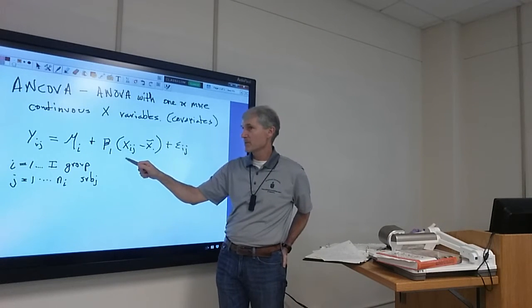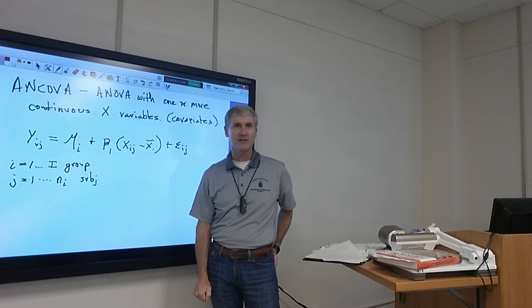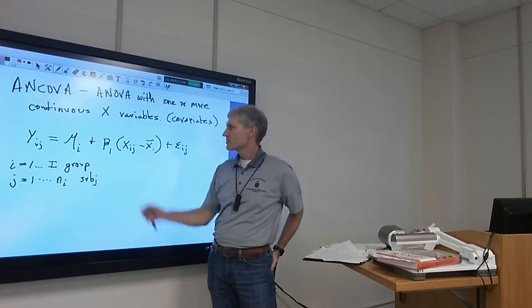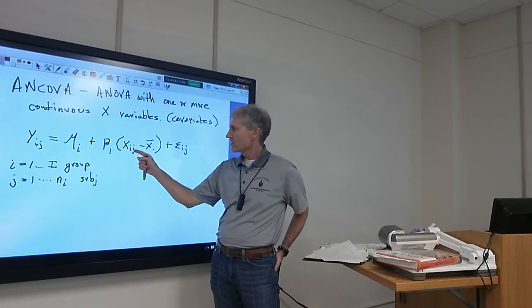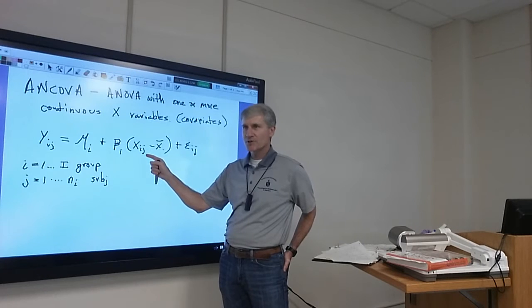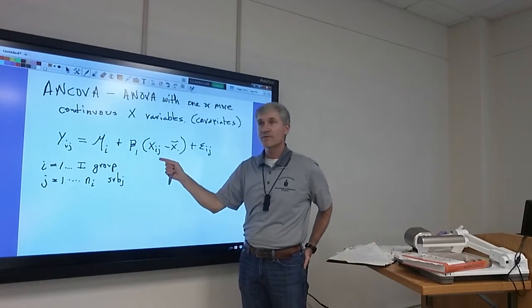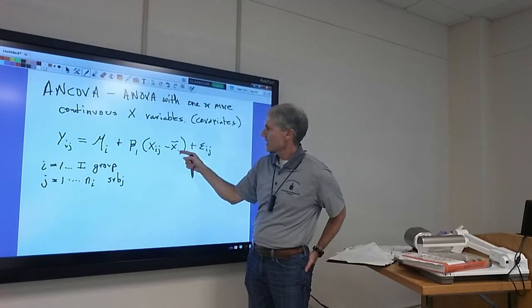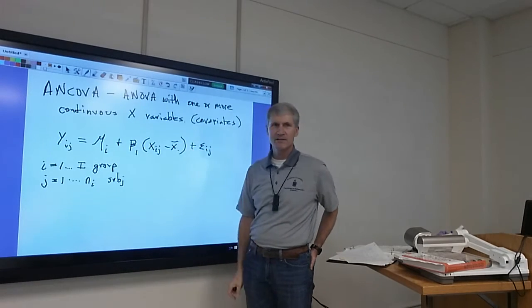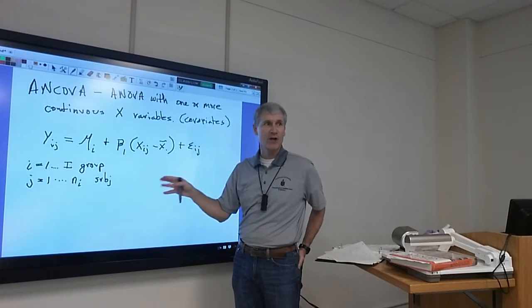Remember we did some examples where we had the baseline disease severity as the covariate? So this might be the baseline disease score for the ij subject, the same subject as Y. This is their value of that X variable. And then subtract X bar dot dot, the grand mean of the X variable, of the covariate.